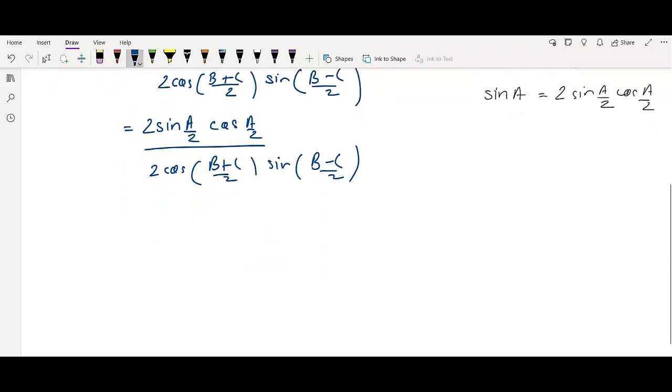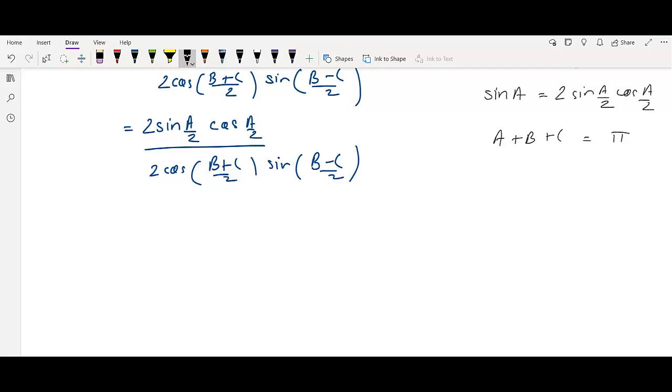now as we discussed in the last video, a plus b plus c, these are the angles of the triangle, equals pi radians, right? This is just a property of triangles. The sum of all the interior angles equals 180 degrees or pi radians.